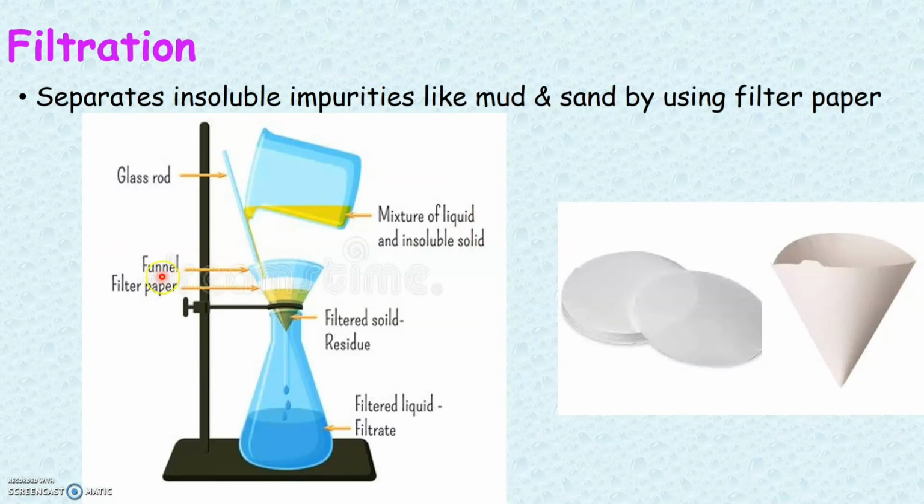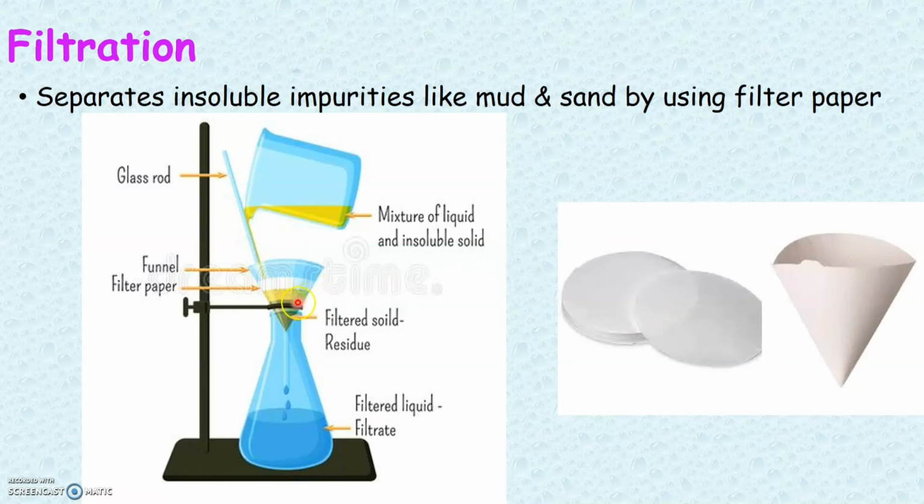Now, the mixture that contains liquid and insoluble solid is poured into the funnel with the help of a glass rod, as you see here in the picture. And this filter paper will not allow the sand particles to pass through it. As we have already learned, filter paper has got very tiny holes in it.